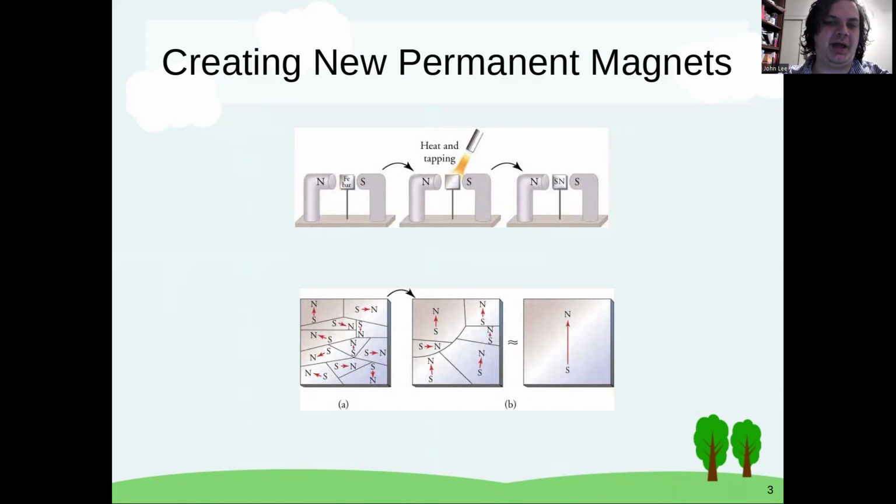It's just that if you have enough domains and they're all pointing in different directions, then you won't notice the magnetic field overall, as in part A in this bottom graphic, which shows north and south dipoles pointing in all different directions, so it doesn't align that well.